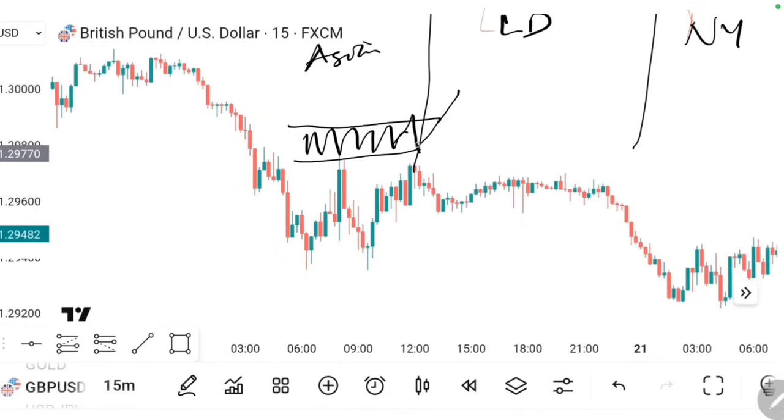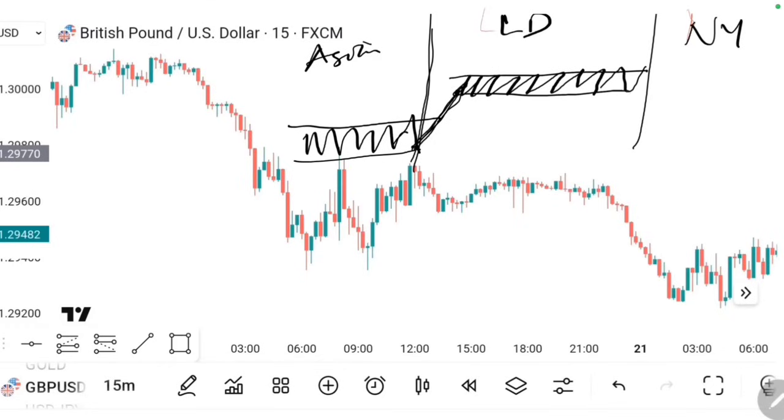It would break out at the London Open, around 6 a.m. or 7 a.m. GMT, that period when the London session opens. You have a breakout of the consolidation, and after the breakout, the market will mostly consolidate as well in some fashion. This will happen down to the opening of the New York session.